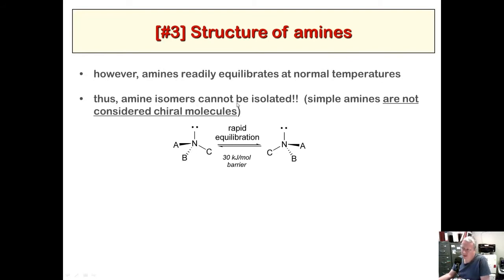So amine isomers cannot be isolated as single enantiomers. And for that reason, most amines are not considered chiral molecules. So there's this rapid equilibration between these supposed enantiomeric forms. However, again, there's going to be an exception to this in a second.